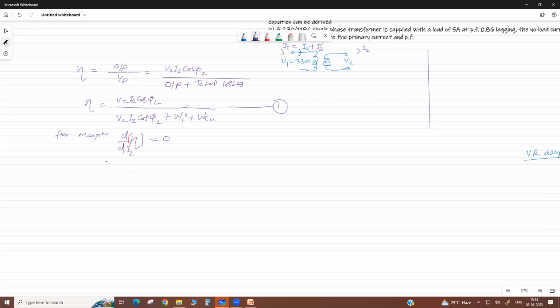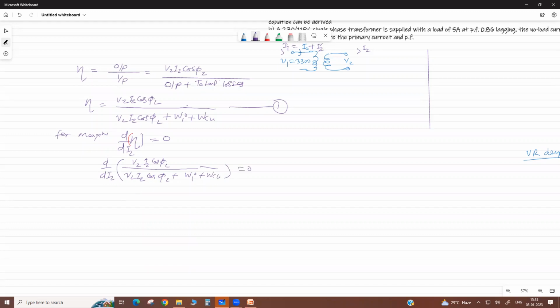So again, d by d I2 of this entire equation, V2 I2 cos phi 2 divided by V2 I2 cos phi 2 plus W naught plus copper loss, set equal to 0.